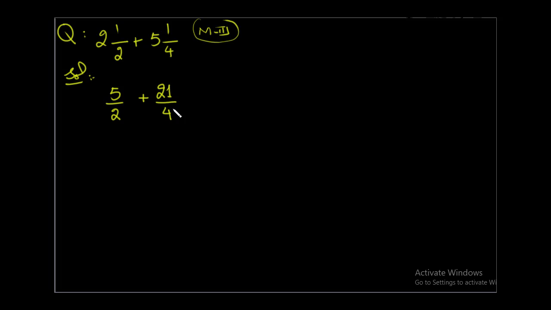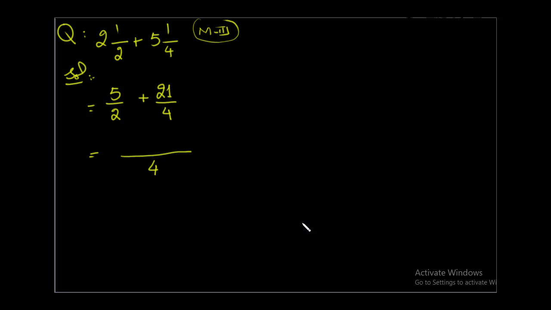So in this method, we only select for the LCM the number which is greater between those two denominators. So in this question we take 4 as the LCM, because between 2 and 4, 4 is the greater number.